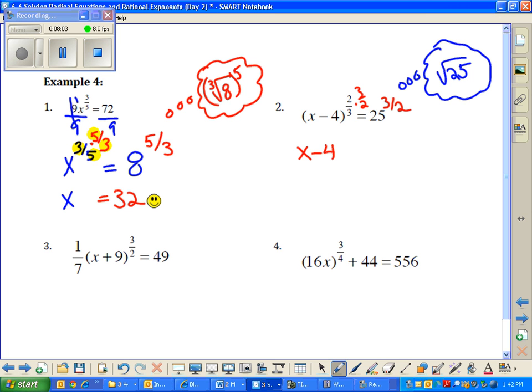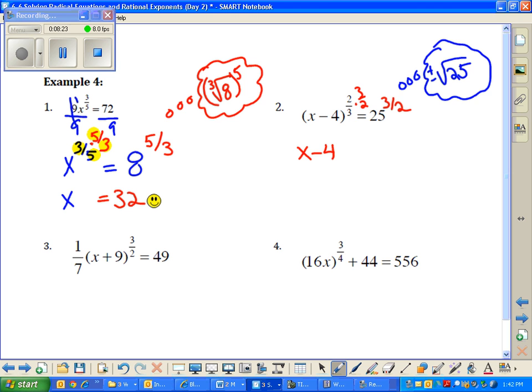When I square root both sides, and Miss Goldstein talked about this a few moments ago, what symbol should appear up there in that little thinking cloud? If you square root both sides, what do I need to think about? Yeah, plus or minus. Very good.